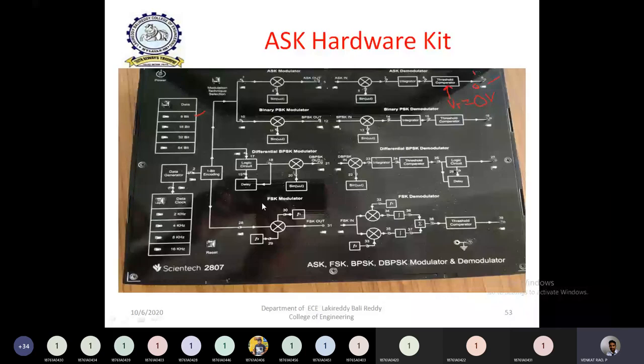So four modulation techniques can be performed using the single hardware kit.